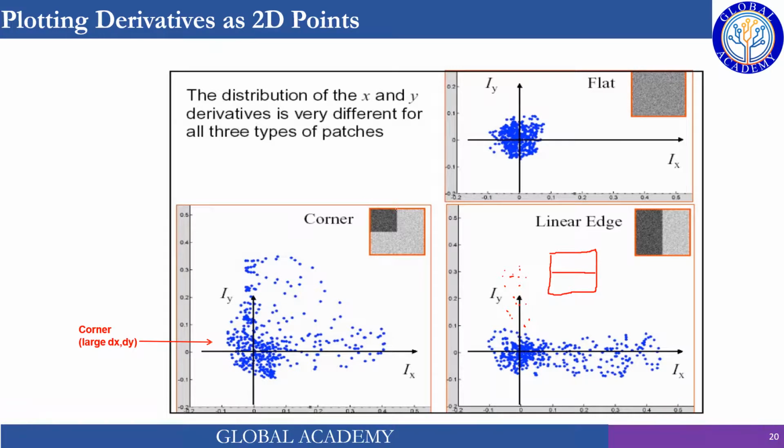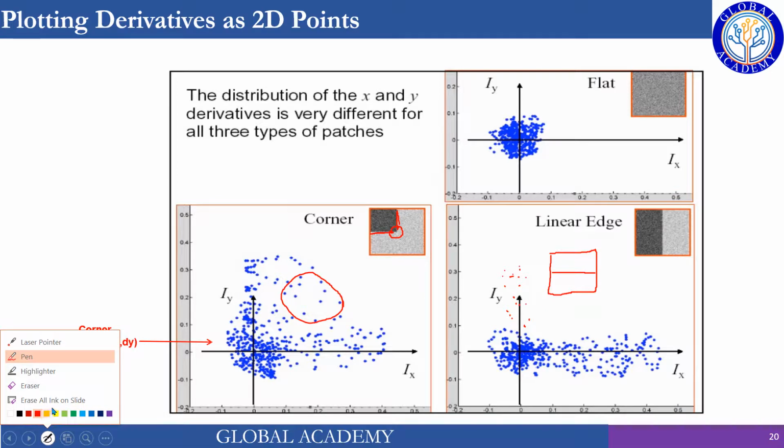And similarly, you can see a corner: we got larger values, a few dots along iy because of this edge, and similarly larger values along ix because of this edge, and some values because of this corner, and so many values because of these flat regions and these flat regions.